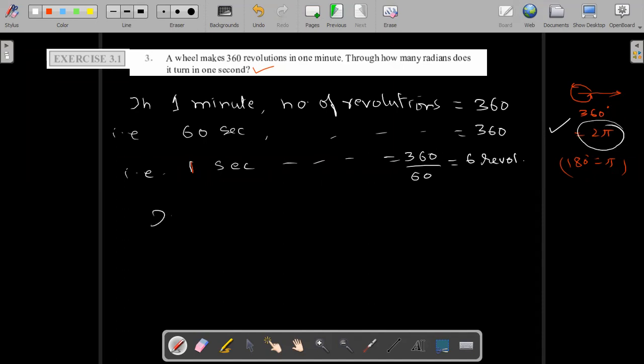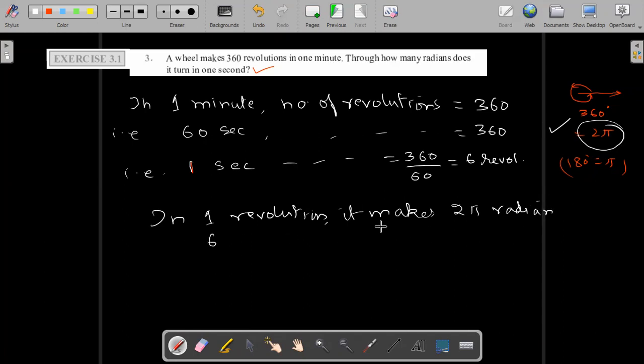Okay, so we will write: in one revolution, it makes 2 pi radian.